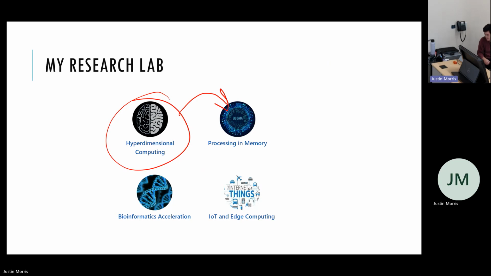There are lots of new types of up and coming processing in memory architectures. This is also a field that is being used for neural network architectures. There's also a company in Texas, I believe, that is actually manufacturing analog processing in memory for neural networks.